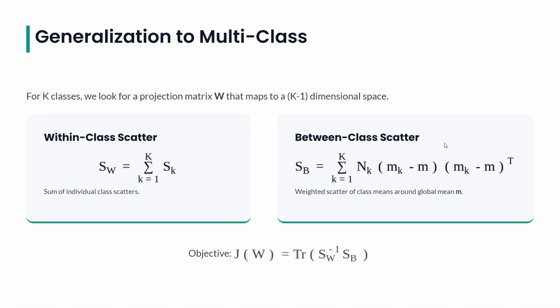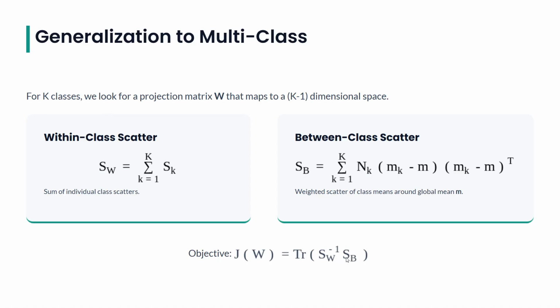And for between-class scatter, we will find mk minus m, where m is the overall mean of all data and mk is the mean of a particular class, and nk is the number of samples in that class. So we will find SB by doing this, and then our objective here will be to find the trace of SW inverse SB.